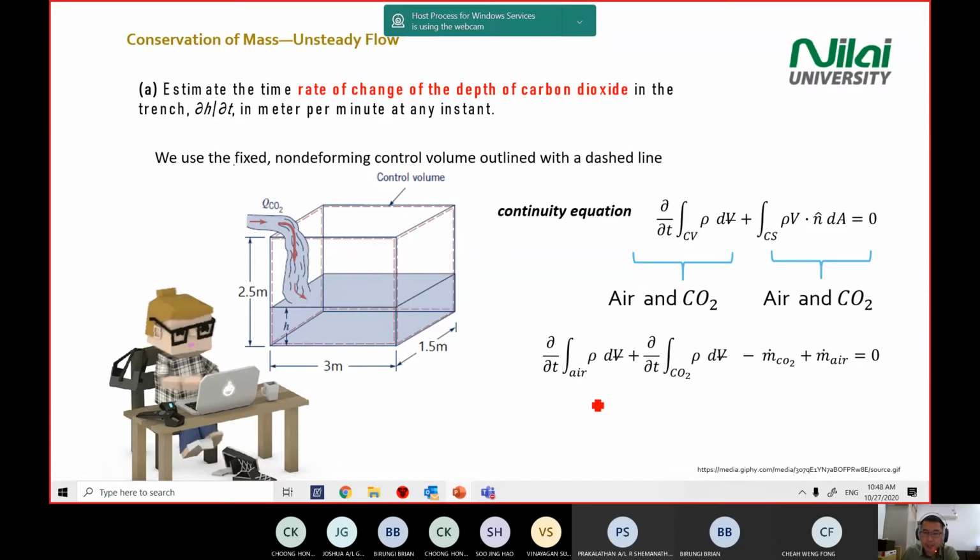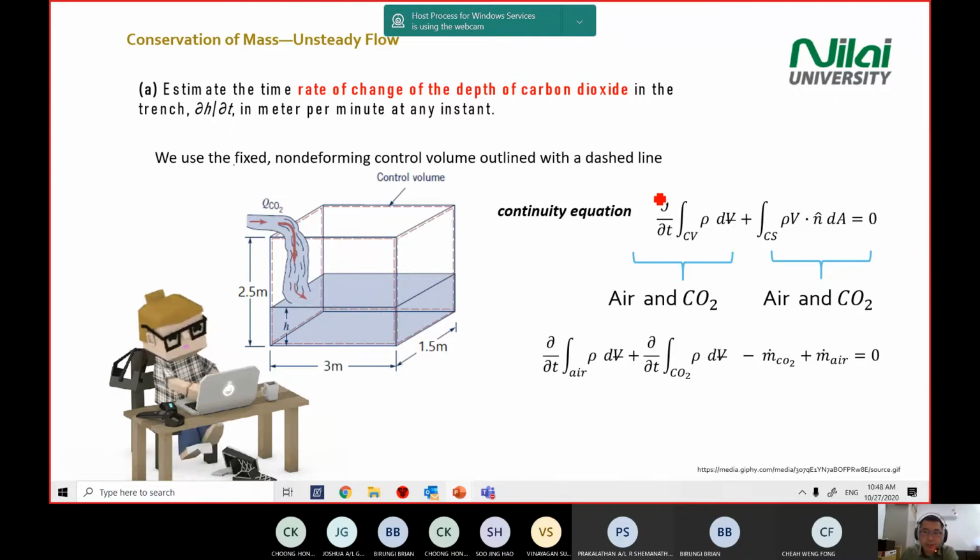This is for the control volume. Now, why can we not cancel out although the flow is steady? Because the volume is changing. The volume of air and CO2 is changing. So that's why we cannot cancel it out to become zero.